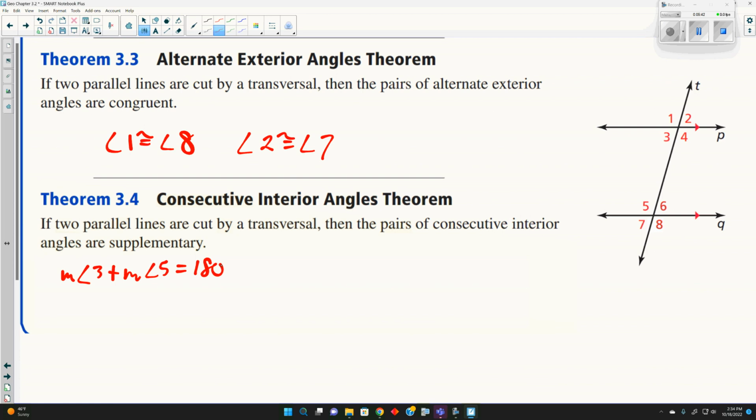And we also have that the measure of angle 4 plus the measure of angle 6 is 180. With alternate interior, alternate exterior, consecutive interior, and corresponding, the angles are either going to be congruent or supplementary. Whenever we have two parallel lines cut by a transversal, the angles are either congruent or supplementary.